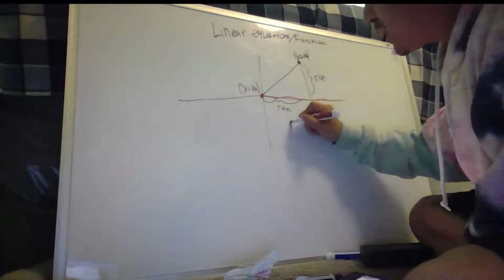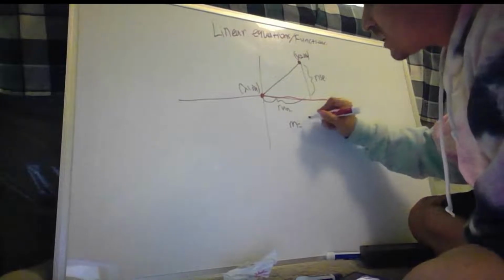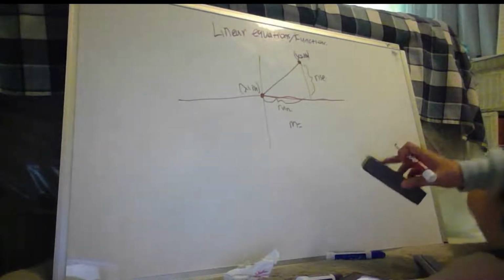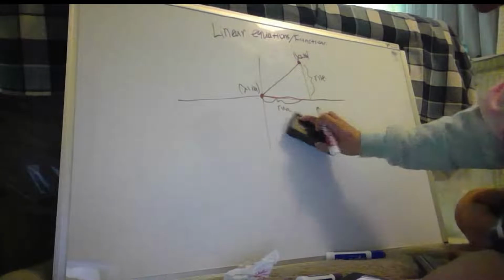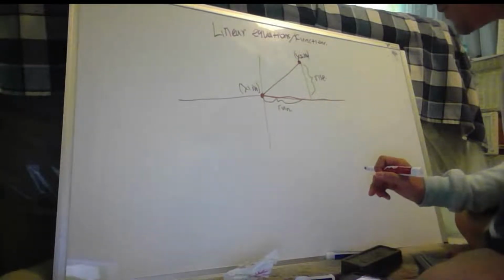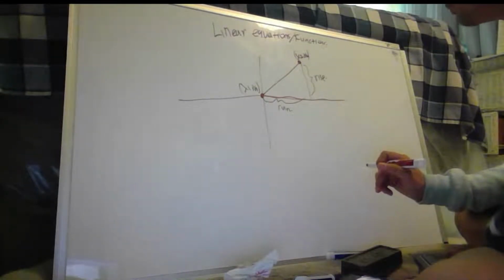Our slope m is defined as, so my algebra professor from a long time ago taught me something very interesting.